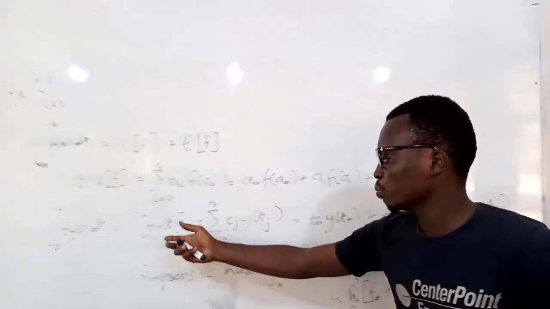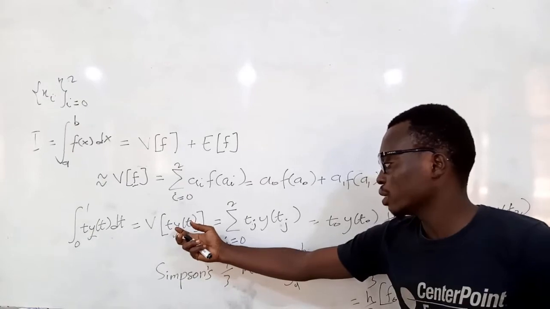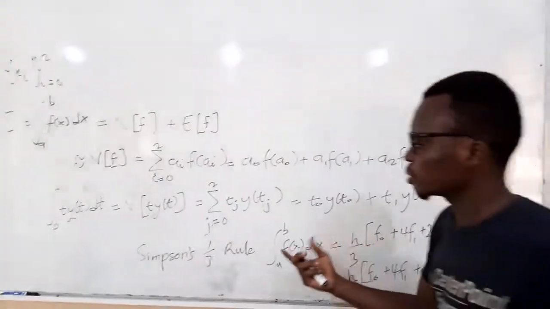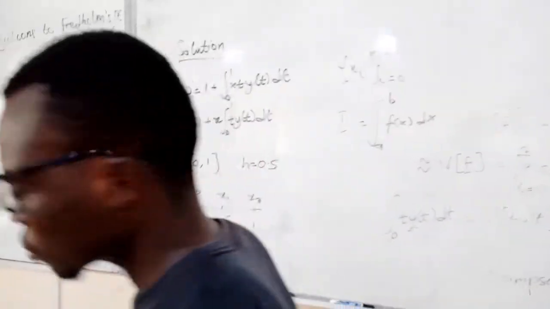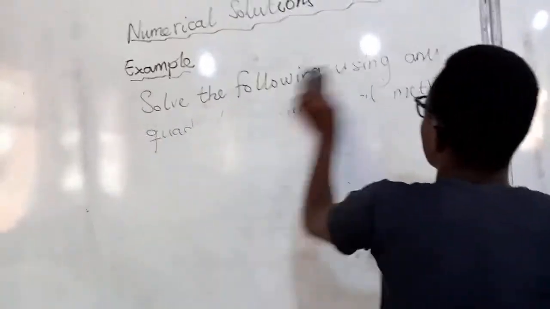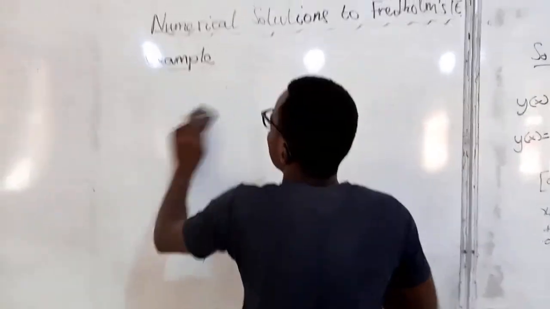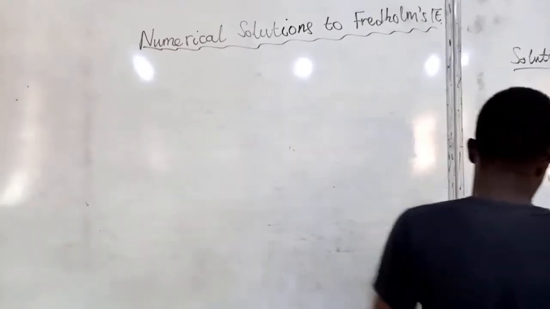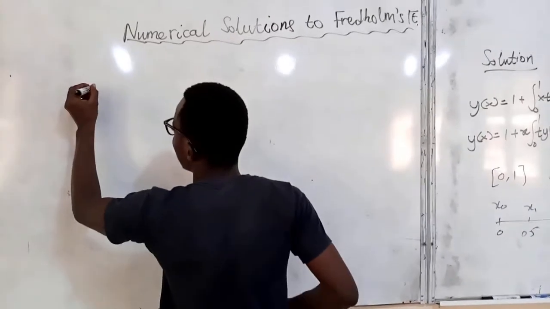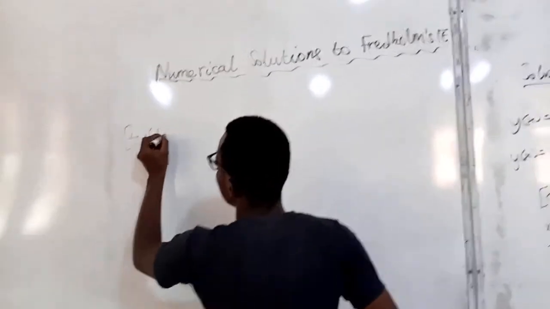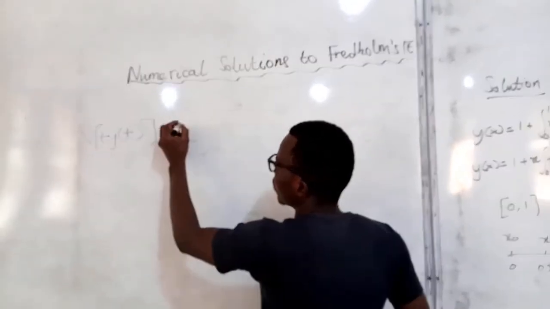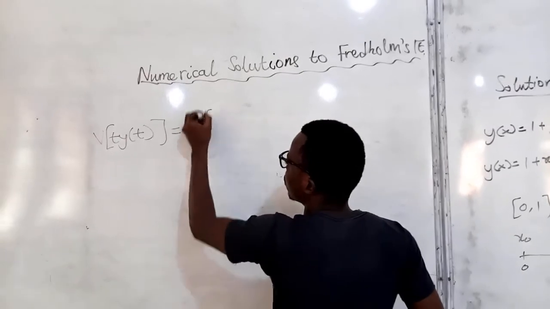Now we are going to put this v of t y of t into this. So it becomes, placing it into the Simpson's 1/3, h over 3 into bracket.